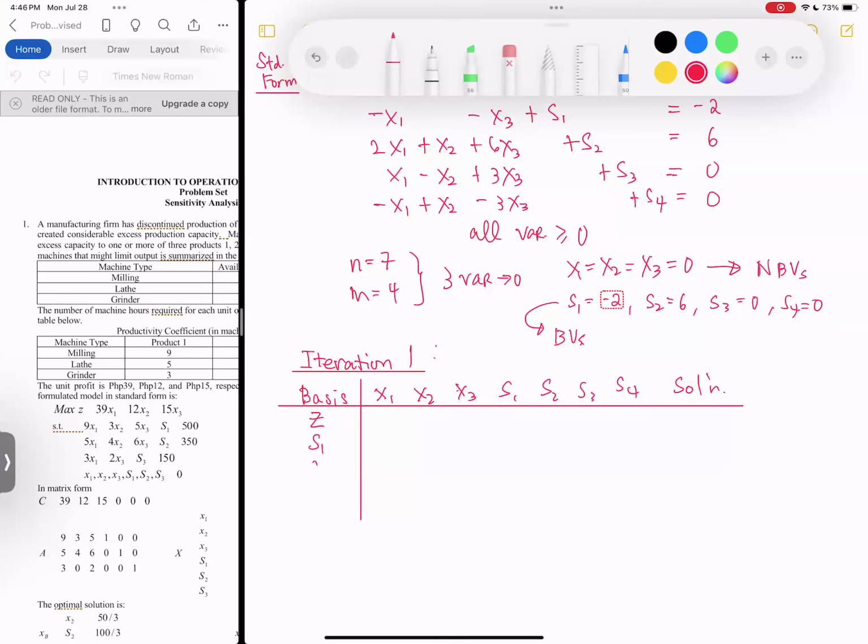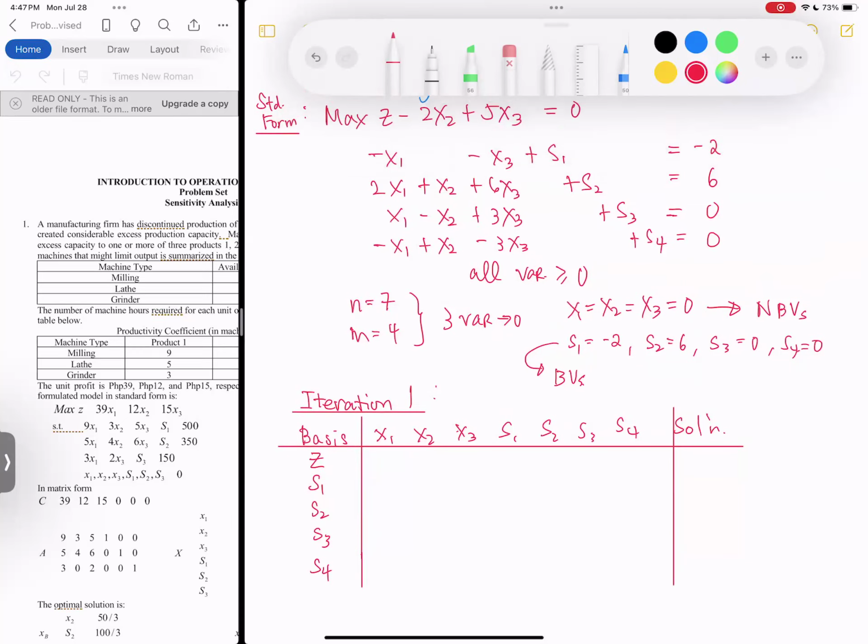S1, S2, S3, and S4. Okay, sige. Let's transfer. So objective function.